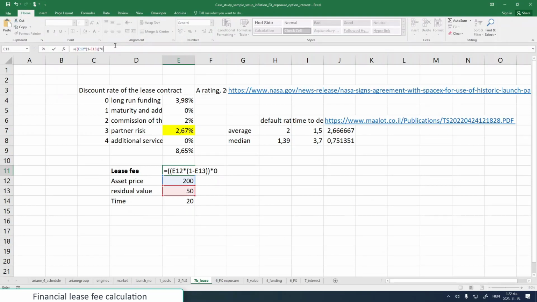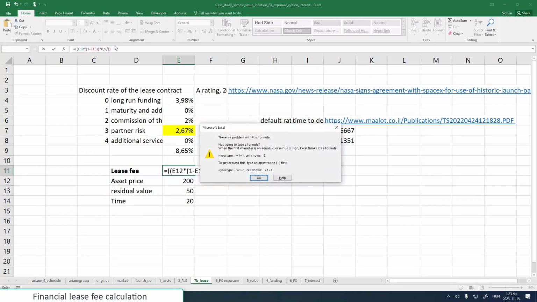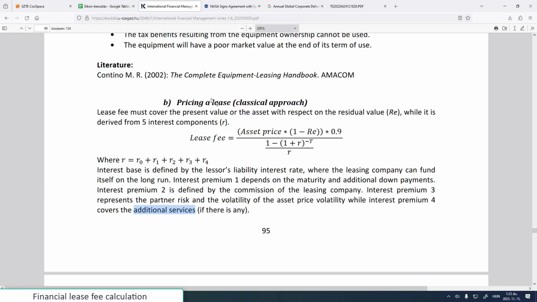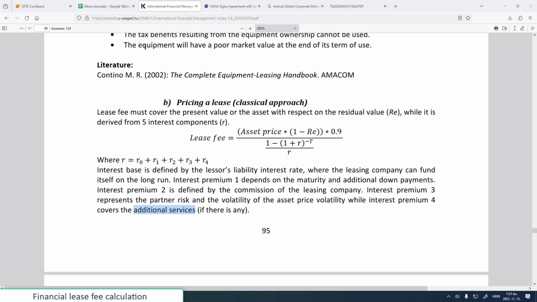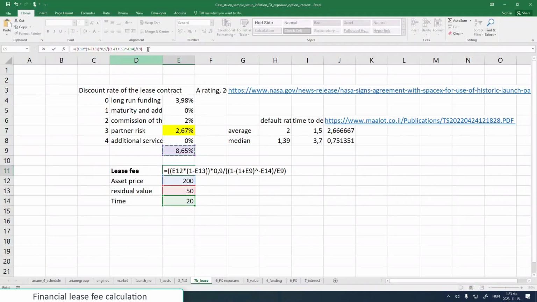Then multiplied by 0.9, and then divided by the annuity component: 1 minus (1 plus this thing) to the power of minus time, which is 20 years, close the upper level, and divided by R. Then let's close the bracket.